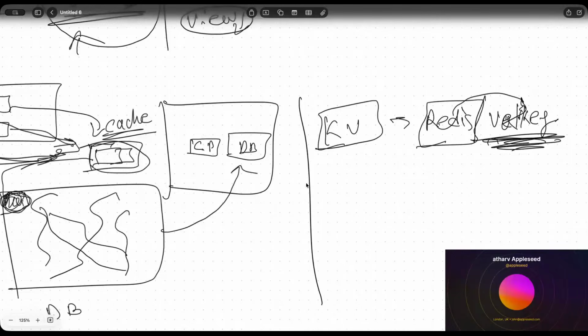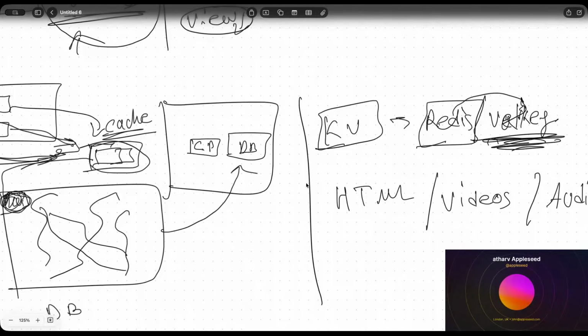If our data is something like static files, so what are static files? It could be HTML, or videos, audios, anything that we might put in an S3 bucket. It should be in a CDN, right?